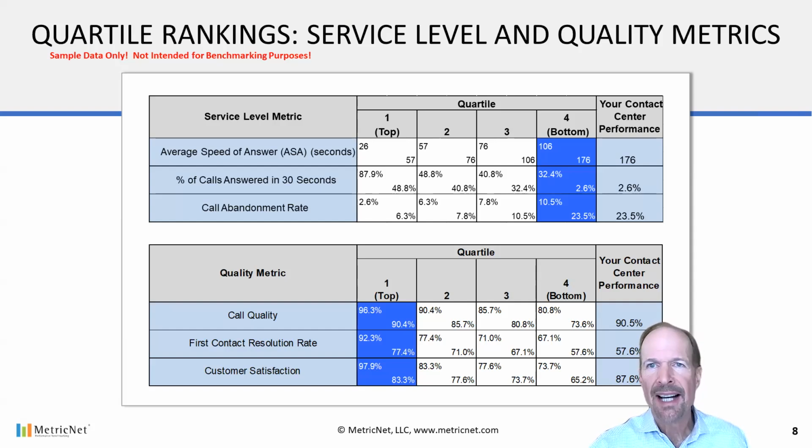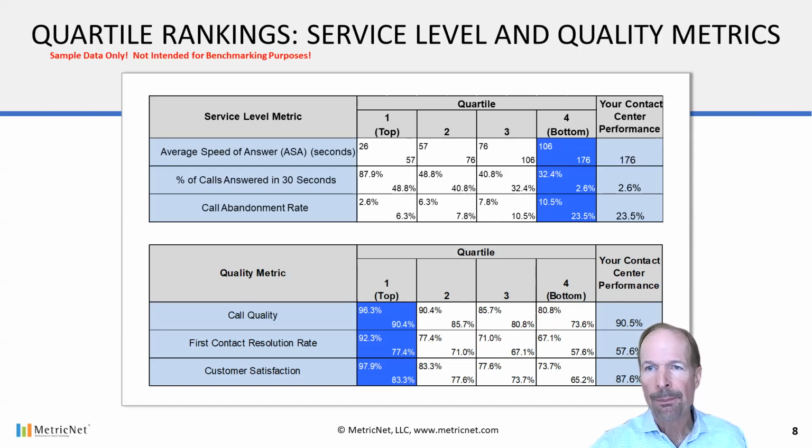What I like about the quartile charts is that you can see very quickly, at a glance, which quartile your contact center lands in. Ideally, you want your contact center to be in the top quartile for every KPI. And as I mentioned in Module 5, where we covered industry benchmarks, we recommend that you establish performance targets that are top quartile in your benchmarking peer group.